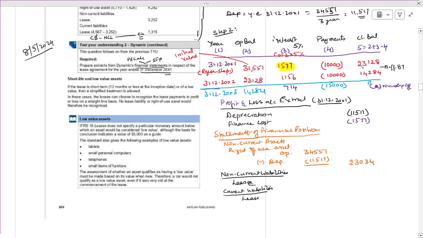No, 8,000, not 8,750. 23,128 minus 14,284, how much is the difference? 8,844.